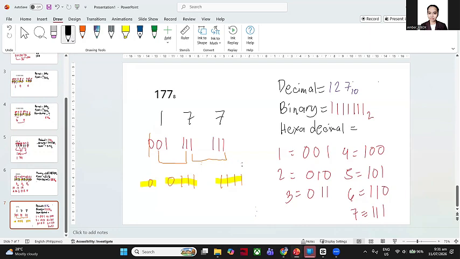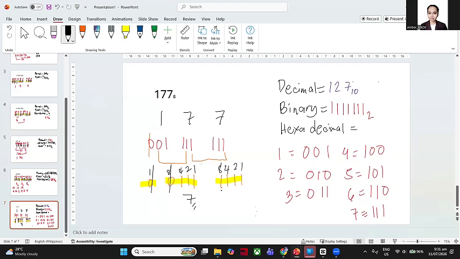So 1, 2, 4, 8; 1, 2, 4, 8. Okay, we cancel the 0. So we have the second group: 4 plus 2 plus 1 is 7. So we have the whole number, 7.